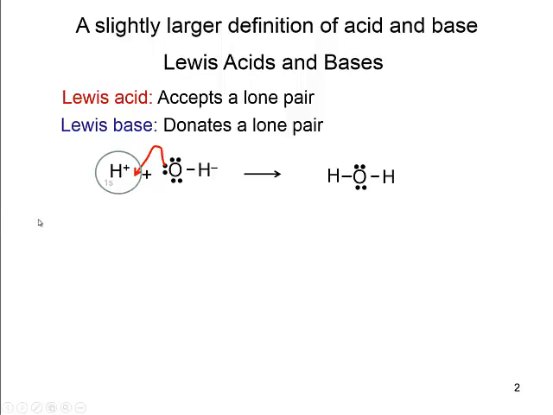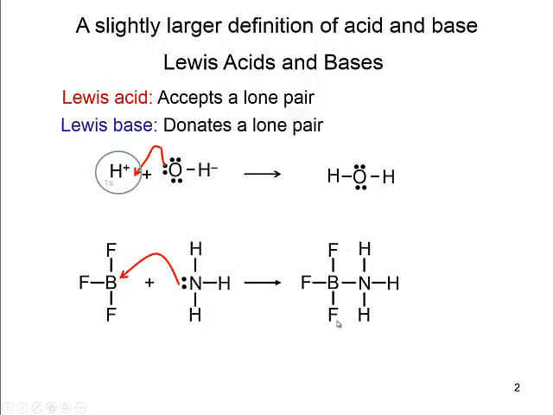The Lewis acid-base is a larger definition because we can consider compounds like boron trifluoride reacting with ammonia. In this case the lone pair of ammonia is donated to the empty p orbital of boron to form the Lewis acid-base complex, and the species that accepts the lone pair is the acid, and the species that donates the lone pair is the base.